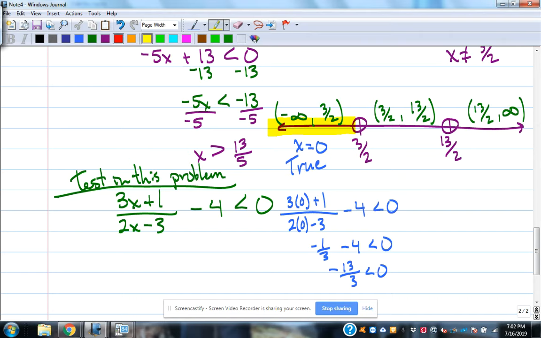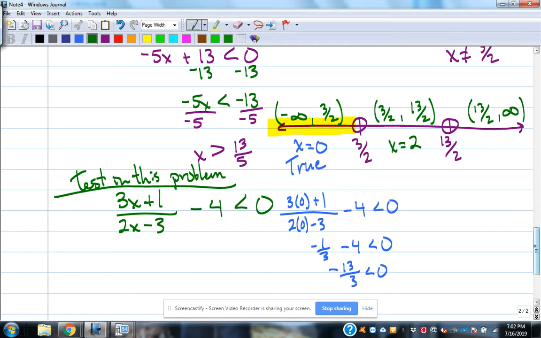So I got to pick some test points from there. So I'm going to test a number in here between 1.5 and 6.5. 2 is a good number that's between there. Any number you want to pick that's between 1.5 and 6.5. I'm picking 2 because it's the smallest one that works. Okay.